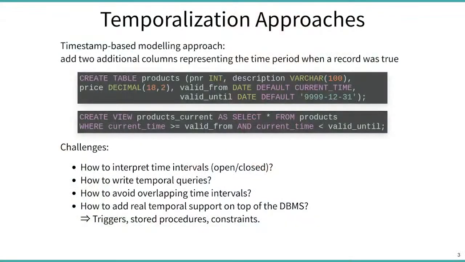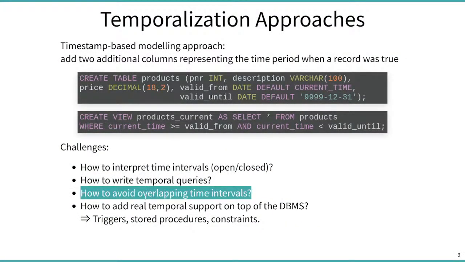So this is one challenge, how to avoid overlappings in these time intervals, because that's the definition of overlapping: two time intervals overlap when there is one point in time that is in both intervals. And that's not what we want.